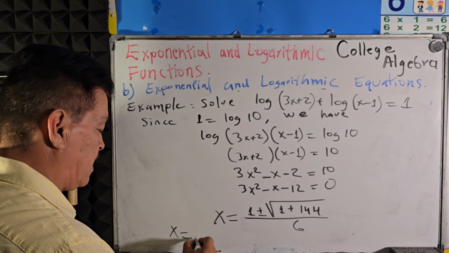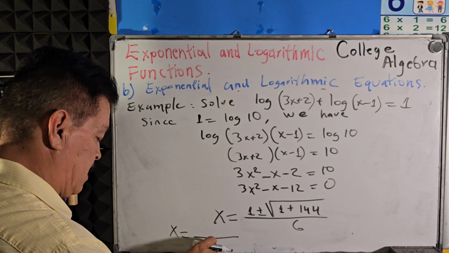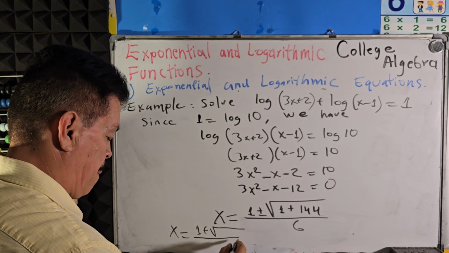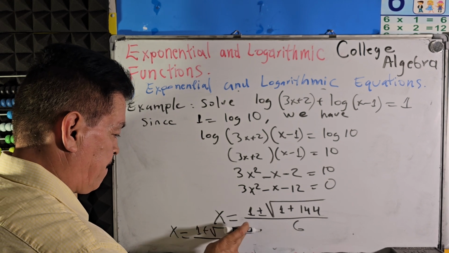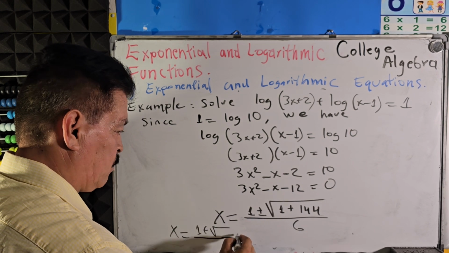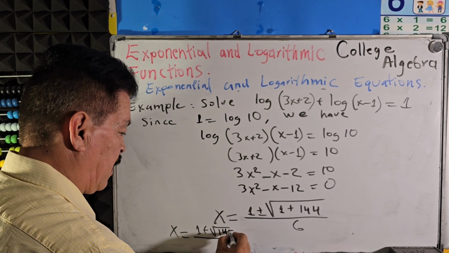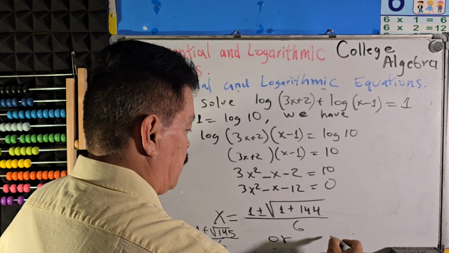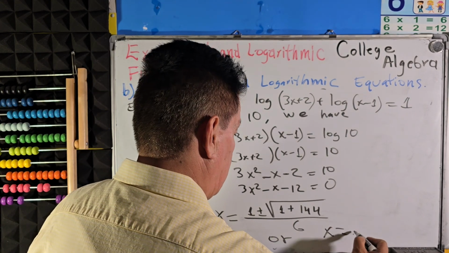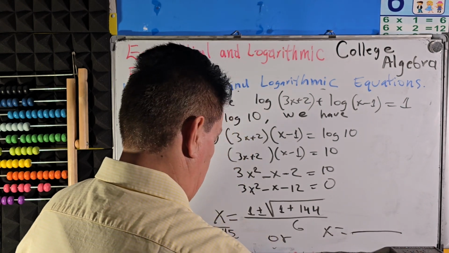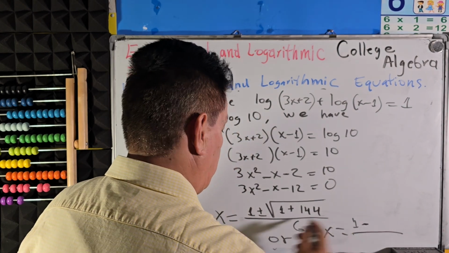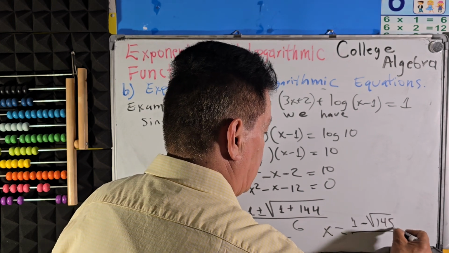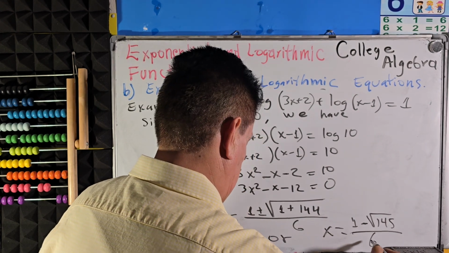So 1 is x on one side. We will have 1 plus the square root of 145, divided by 6. Or on the other side, we will have x equals 1 minus the square root of 145, divided by 6.